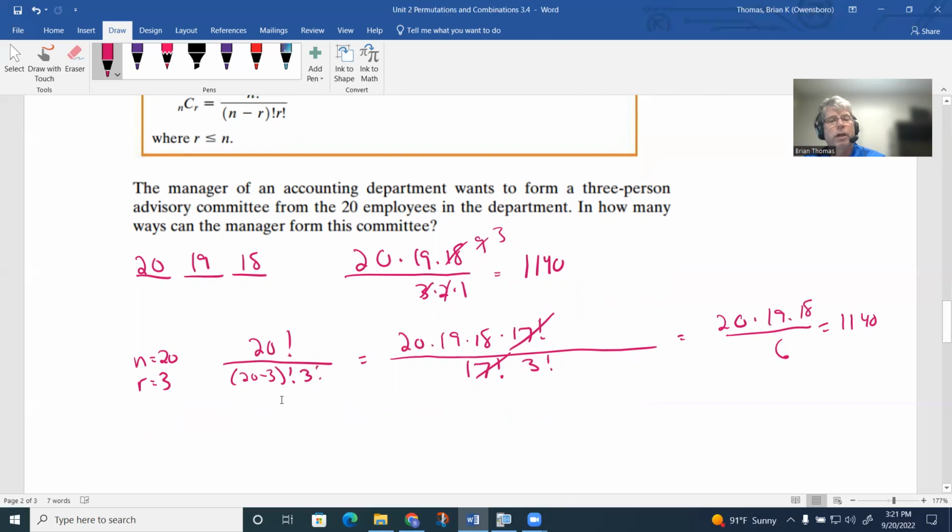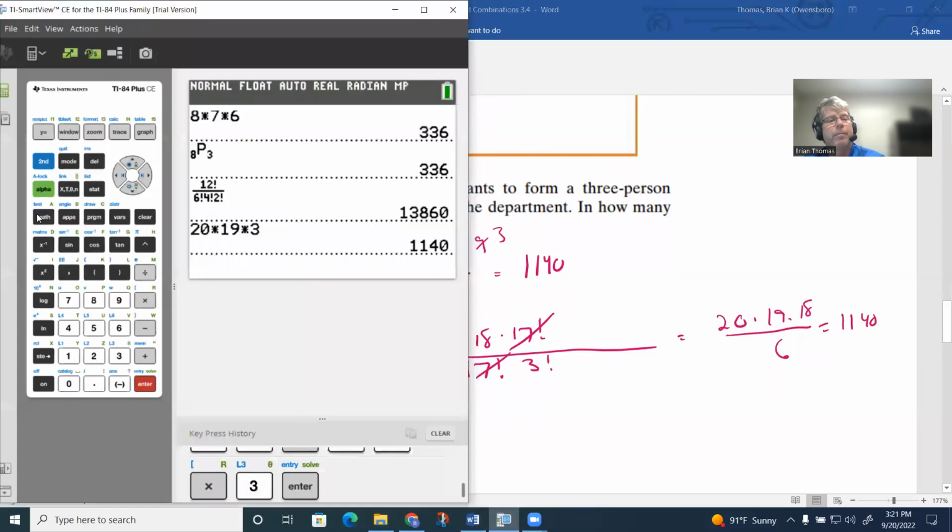Now, another way to do it is we actually can use the shortcut on the calculator, which is, if you have 8 and we want to choose 3, we can actually put this into the calculator as well, and we don't have to do any of that math. So to do a combination on the calculator, we can go to the math button. Actually, we have to put the 20 in first, and then we do the math button.